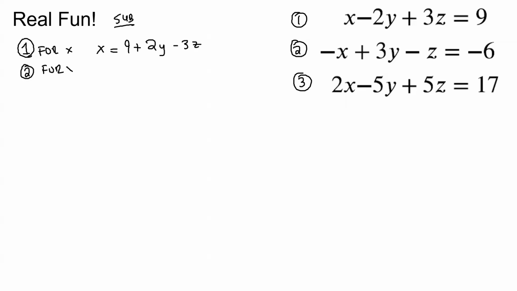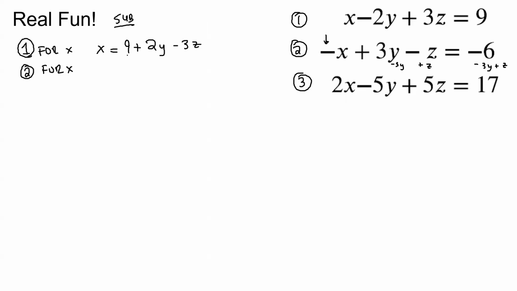And we'll also solve that one for x. So number two, why don't we leave the x here? I'll take these two terms, 3y and negative z, over to the other side here. So I'm going to subtract 3y, add z to both sides, and then I'm going to have to change the sign of everything because I don't want this negative in front. I want a positive x right there.